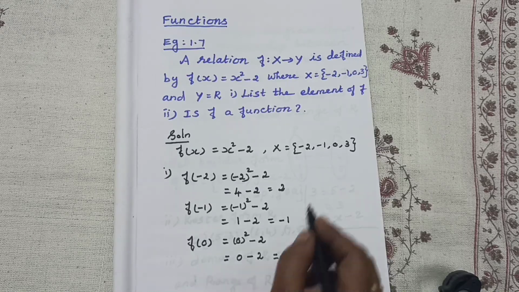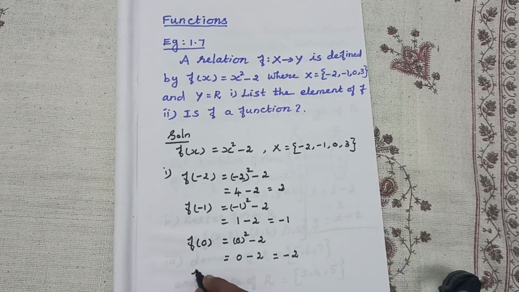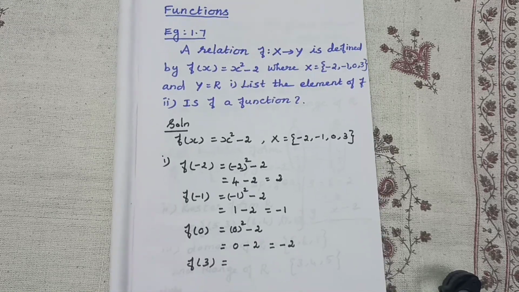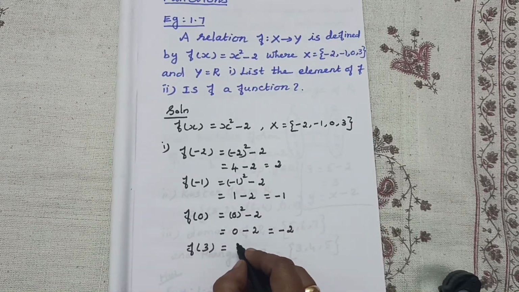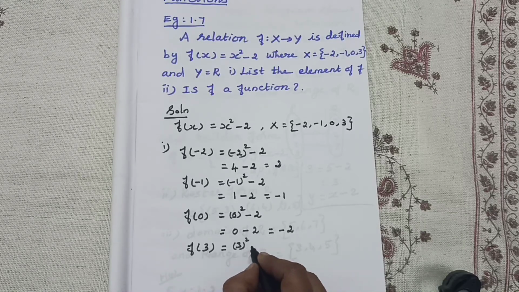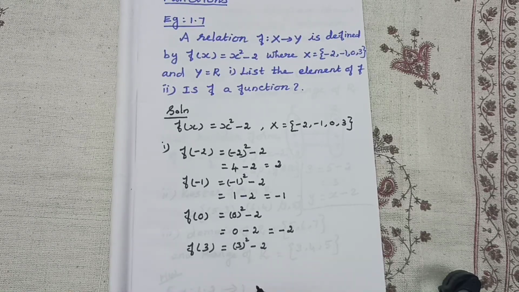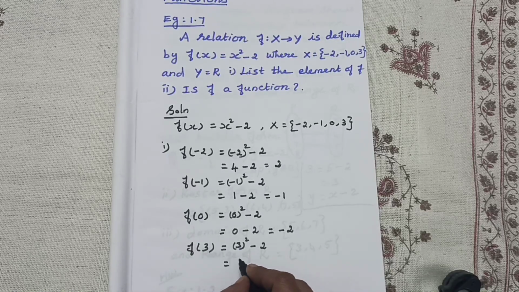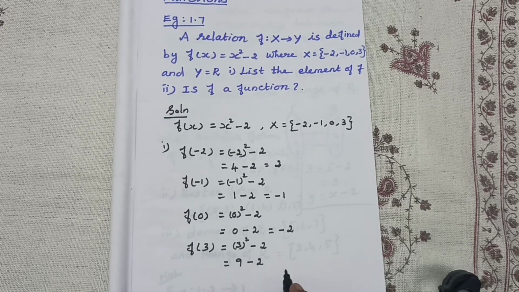The next element is 3. f of 3 is equal to 3 the whole square minus 2. 3 the whole square is 3 threes are 9, minus 2. 9 minus 2 is 7.